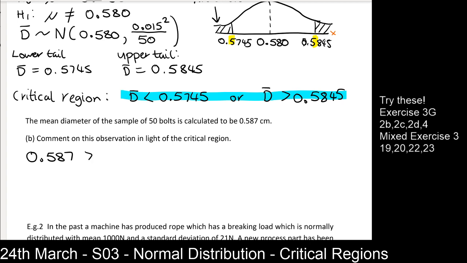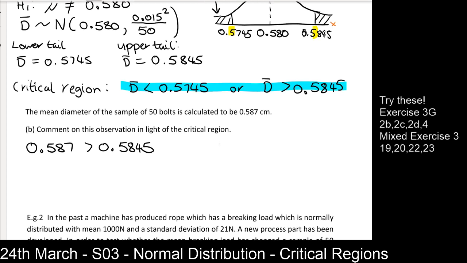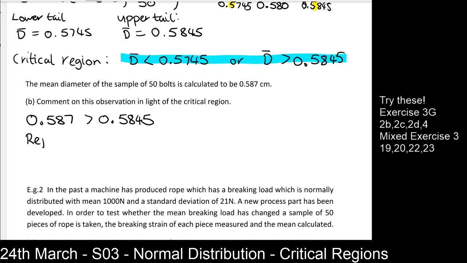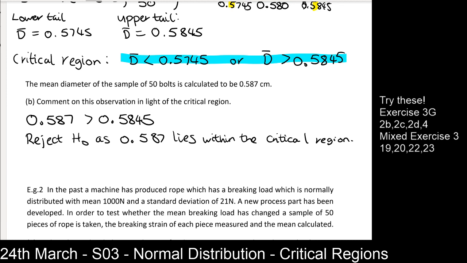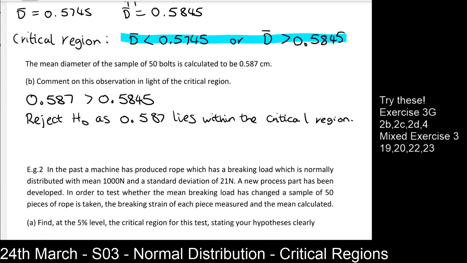The critical region is where I reject H0. So because 0.587 is greater than 0.5845, it means I'm going to reject H0 as 0.587 lies within the critical region. Okay, and then I need to put a comment.